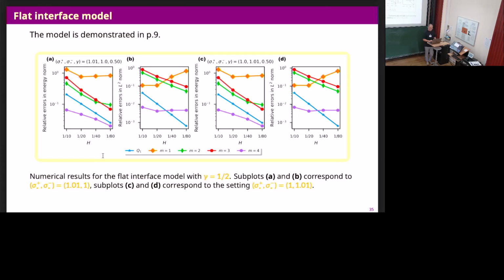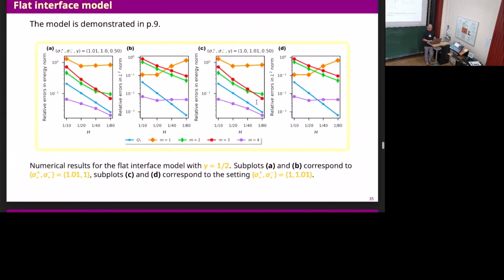So in this case, you also see that the standard Q1 element also gives you a nice result, and sometimes even better. This is the blue line, because the grid matches the interface.